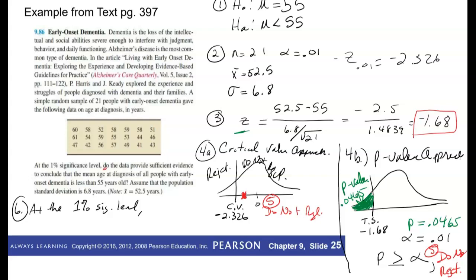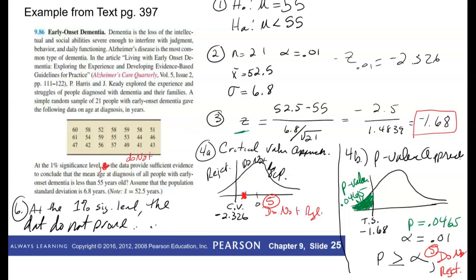At the 1% significance level, the data do not provide sufficient evidence to conclude that the mean age at diagnosis of all people with early onset is less than 55 years of age. The data do not, that doesn't mean that's not it. It just means this particular sample of just 21 people does not provide sufficient evidence. And then you would finish that sentence with what's on there.